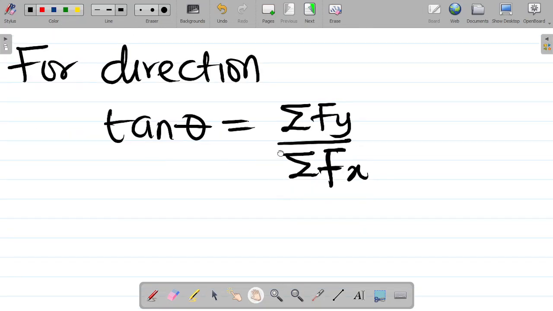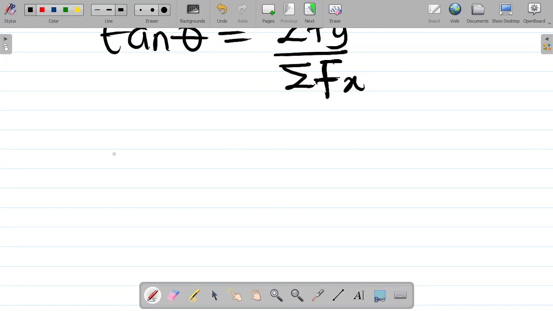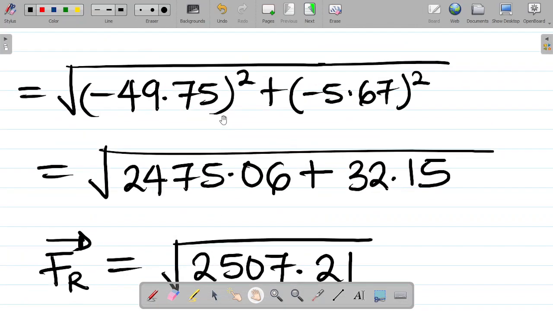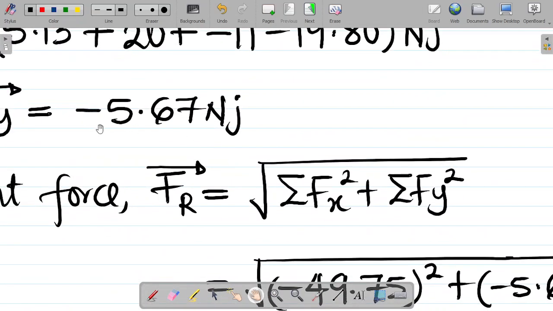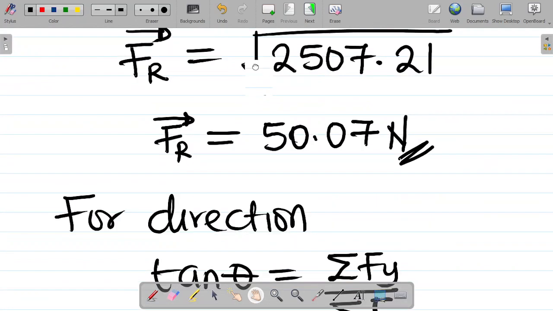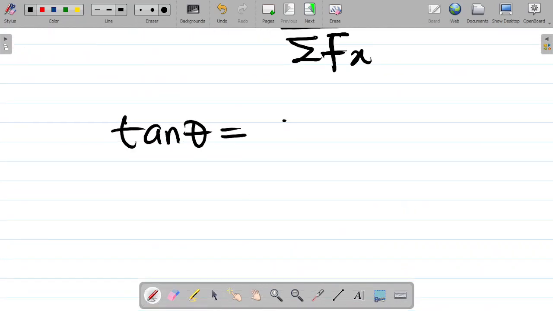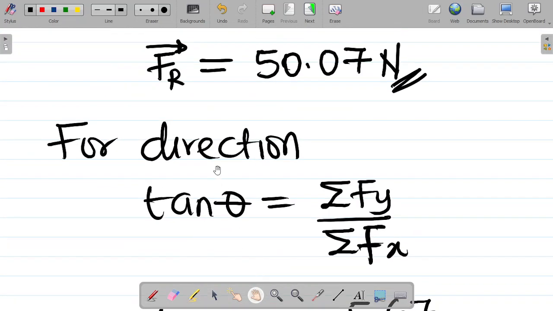So from here, we'll have that tan theta is equal to, what's the value of sigma Fy? The value is simply equal to minus 5.67. This all over the value of sigma Fx.